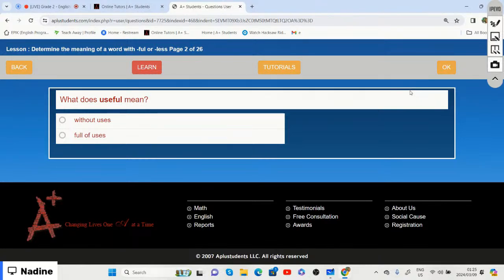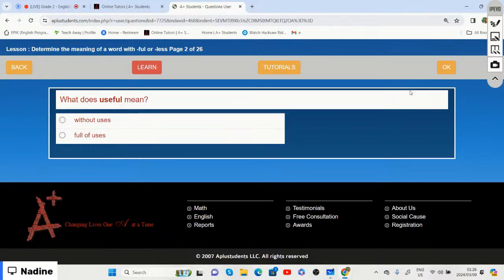What is useful? Useful is without uses or full of uses. Remember the word full.